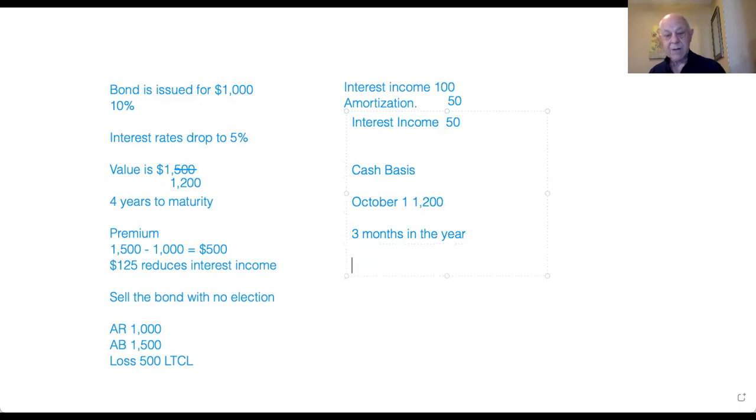I would be amortizing $50 per year. So 50 times 0.25, because we held it for 3 months of the year, would equal $12.50 of amortization.